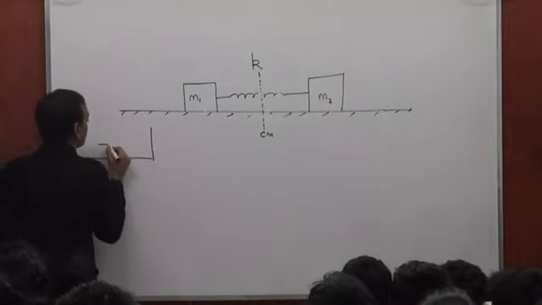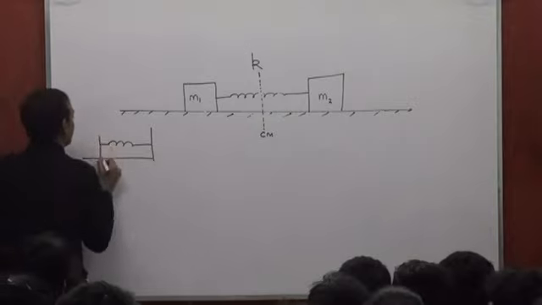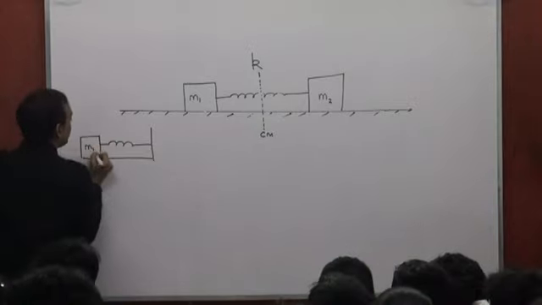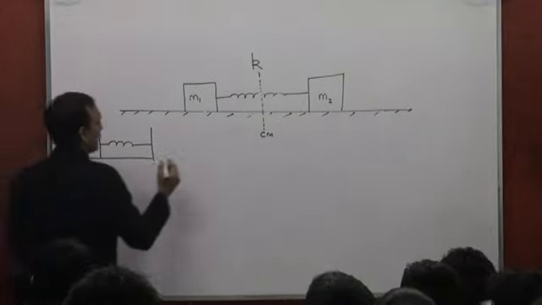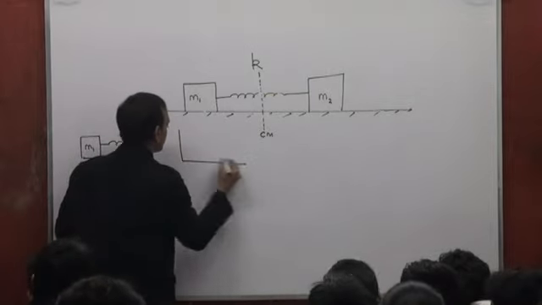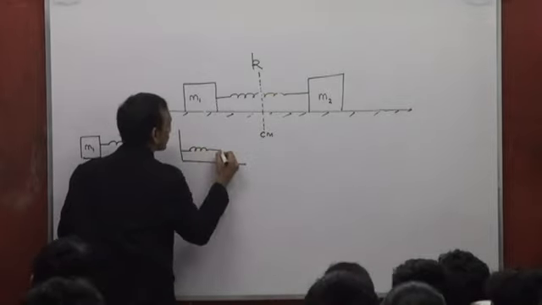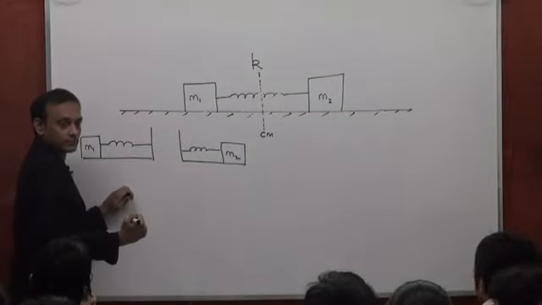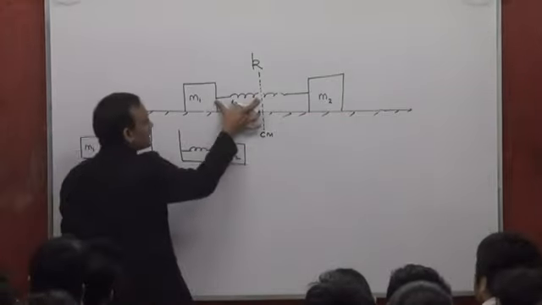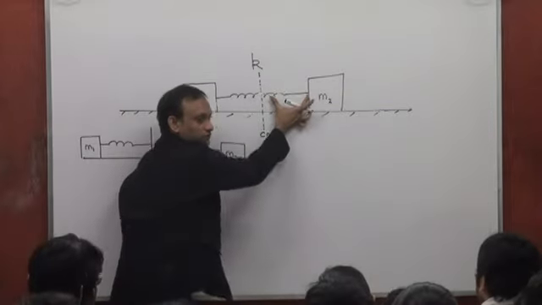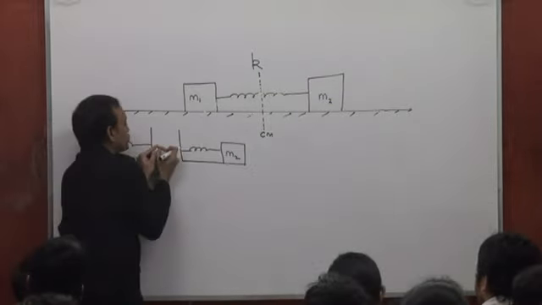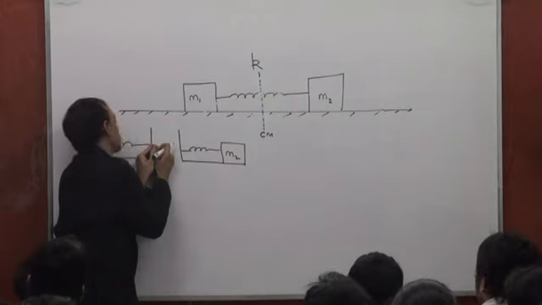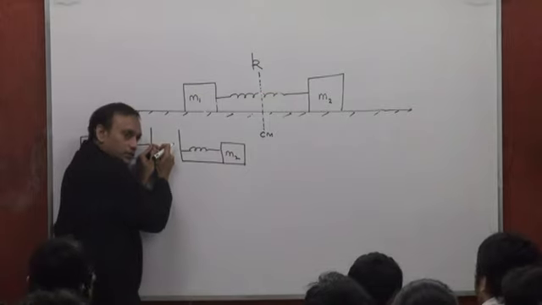It's as if M1 is like this, and M2 is like this. This being this length of the spring, this being this length of the spring. And these two get concatenated at this point. Right?